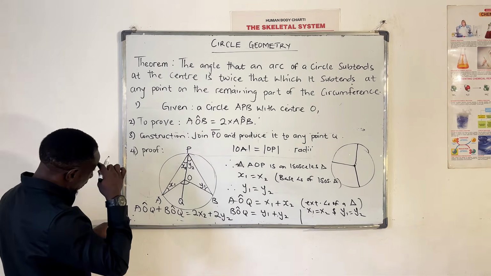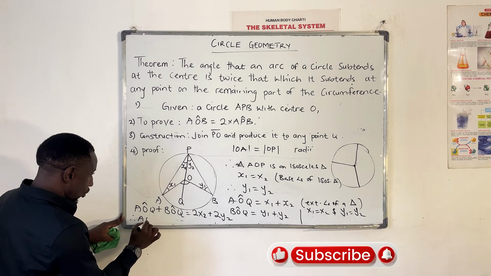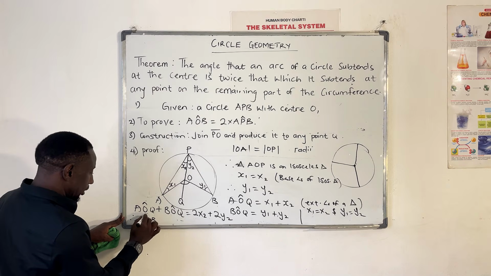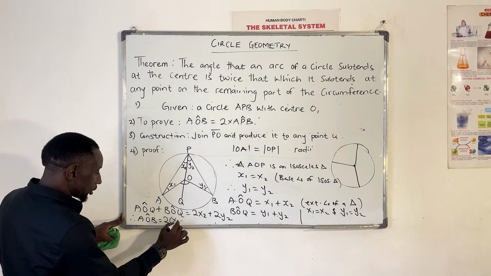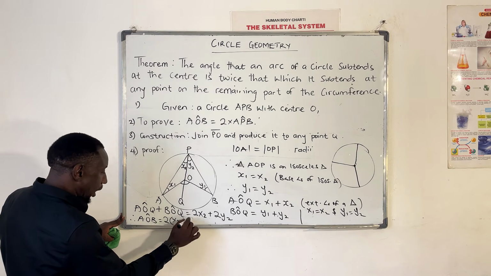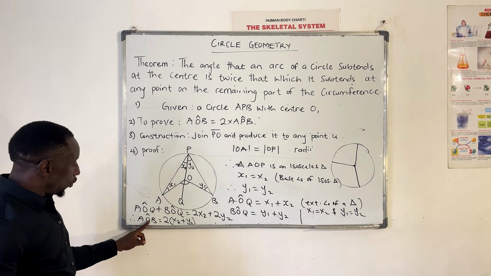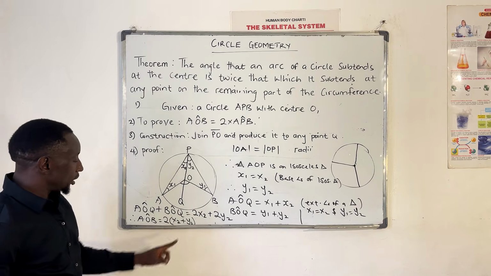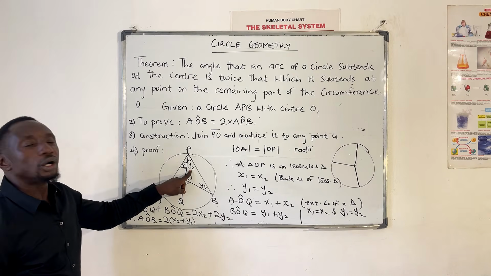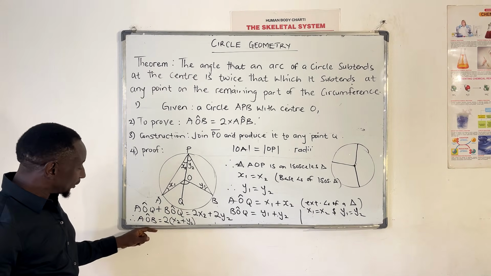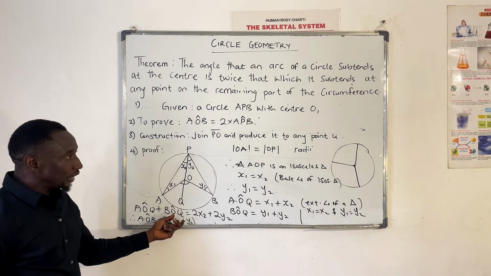Therefore, AOB is equal to 2 times x2 plus y2. Now, as you can see, I've been able to prove that AOB is twice x2 plus y2. You can see clearly that the angle at the center is twice the one at the circumference.